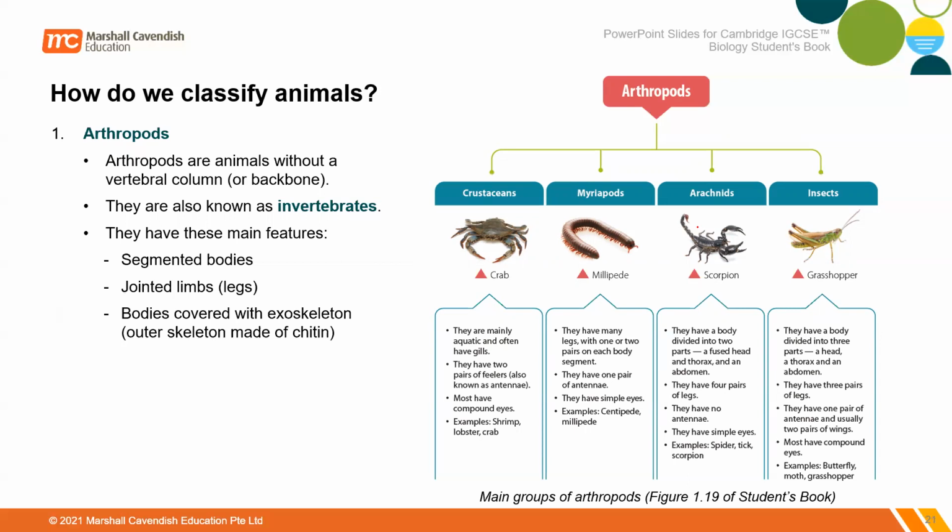Arthropods have a segmented body and jointed legs. All of the legs are like that, jointed, with specific joints here. Those are the shapes of the legs, and the body is covered with an exoskeleton. The exoskeleton is an outer covering, hard and rigid, made of chitin.